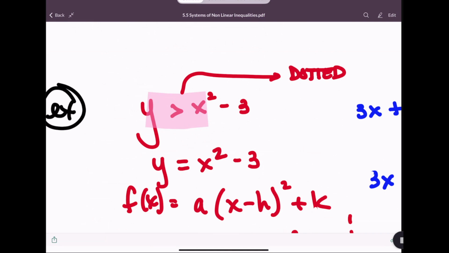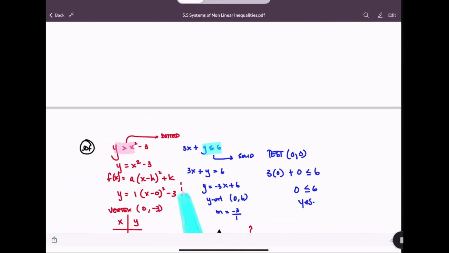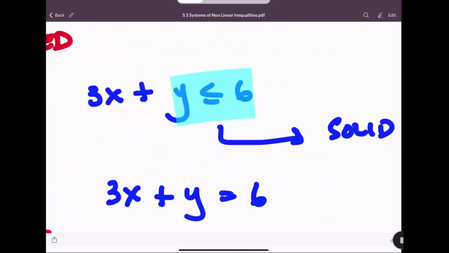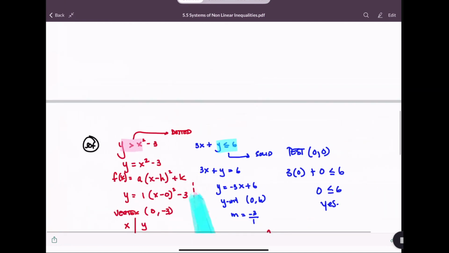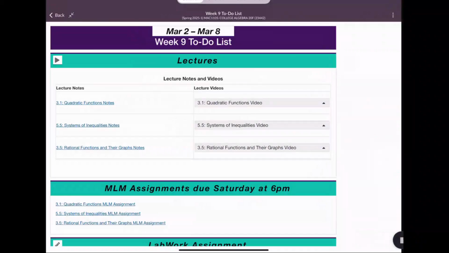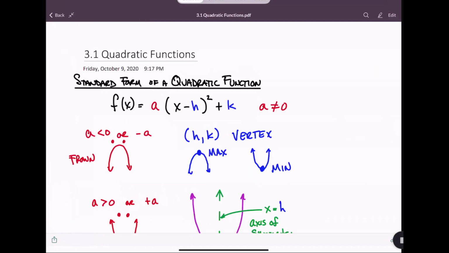This is the reason why I've been talking to you guys through powers: what's in the equation, what power are they, what shape they are. So what is this? A diagonal line. So that means I got to get y by itself so I know the slope and the y-intercept, right? So this is the easiest part of the notes. And then 3.1, quadratic functions, just talk about parabolas.